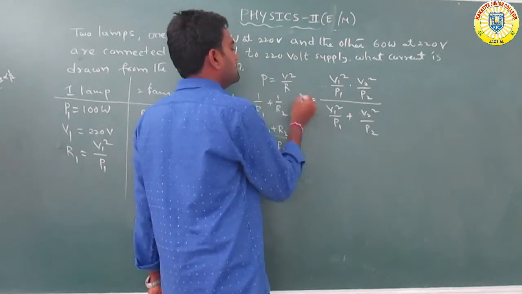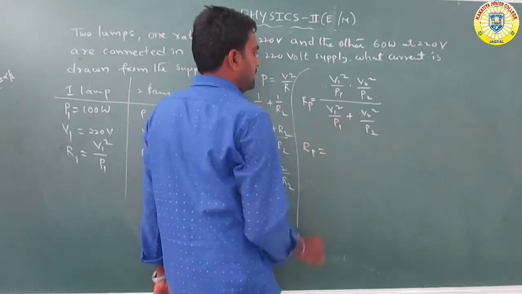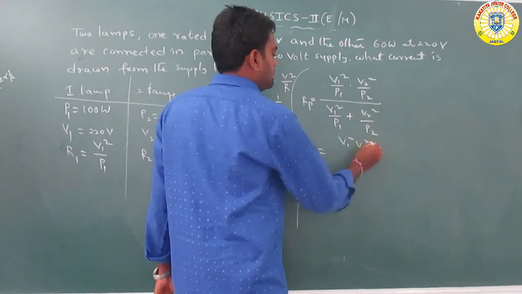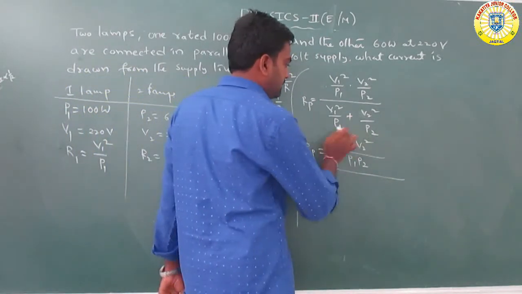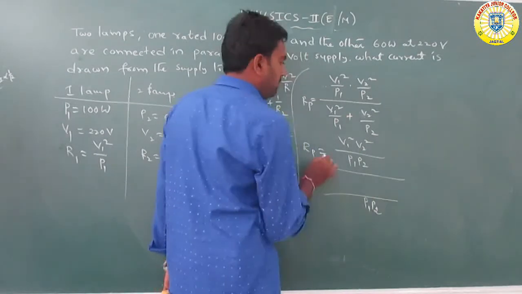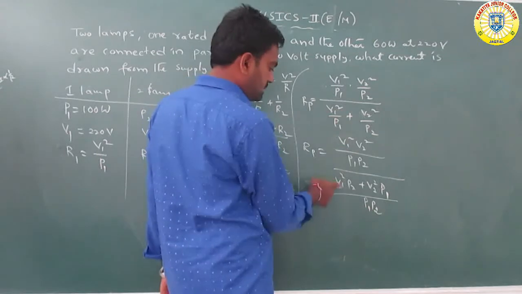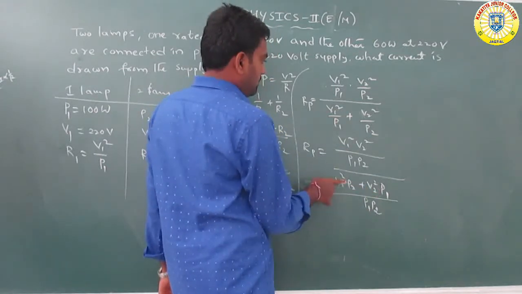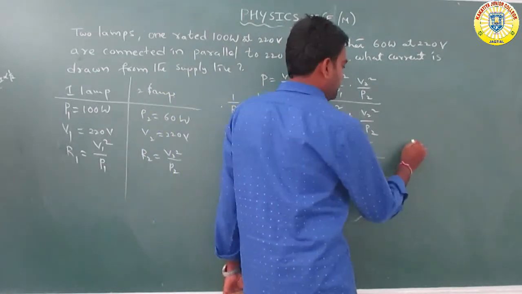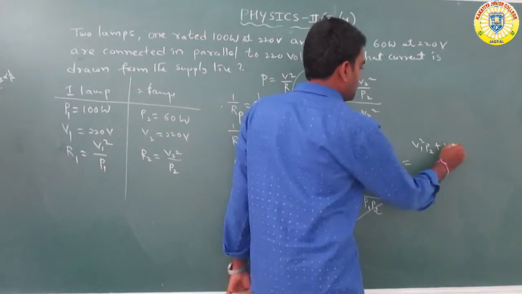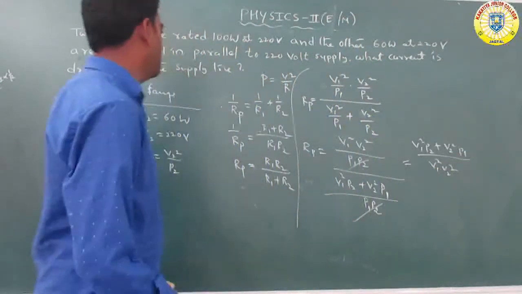Taking the LCM, V1 square into V2 square by P1 into P2, divided by V1 square P2 plus V2 square P1 by P1 into P2. The P1 P2 cancel, so the remaining equation is RP is equal to V1 square V2 square by V1 square P2 plus V2 square P1.